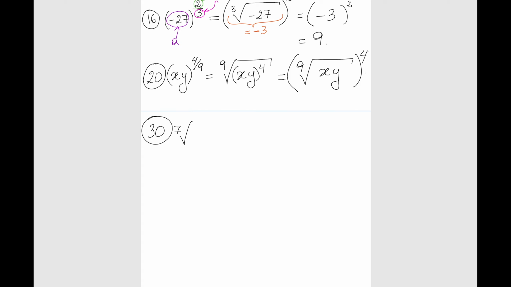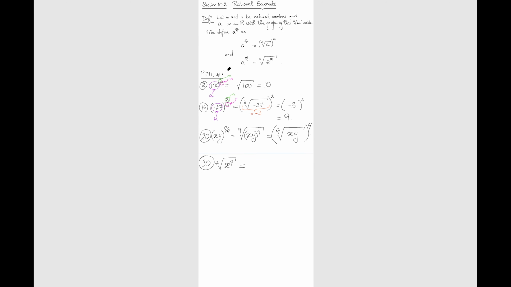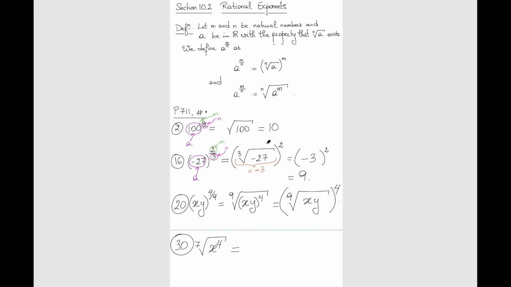The seventh root of x to power 4. Okay, the seventh root of x to power 4. So they're giving us this writing. The base a is x, the m is 4, and the n is 7.